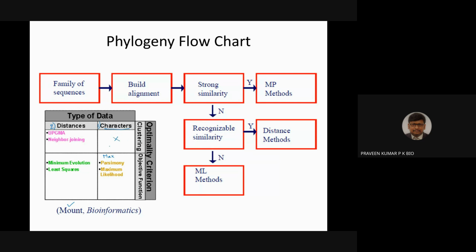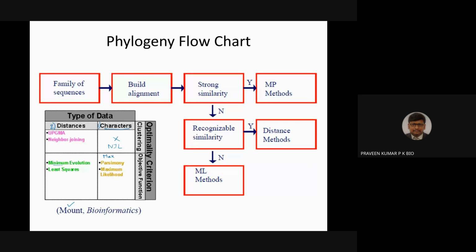But under objective function, we have maximum parsimony and maximum likelihood. In distance-based, we have UPGMA and neighbor joining under clustering, and under objective function, we have minimum evolution and least squares.